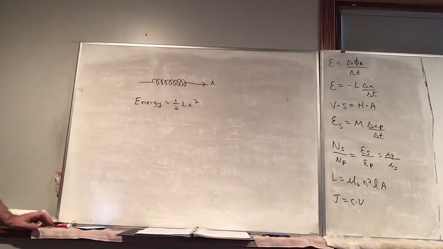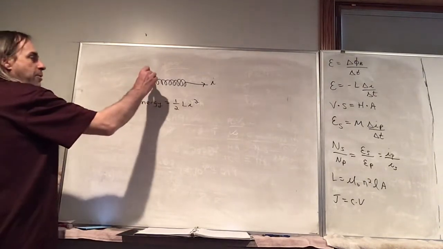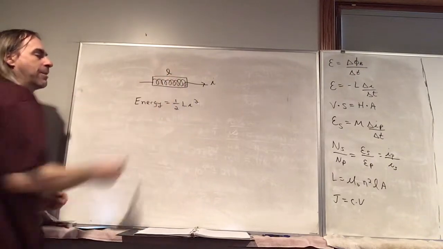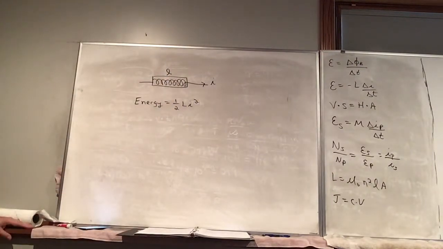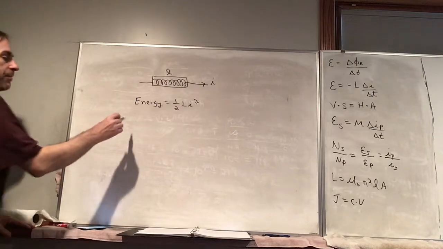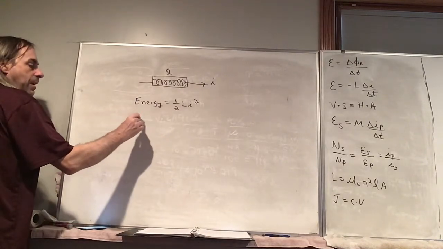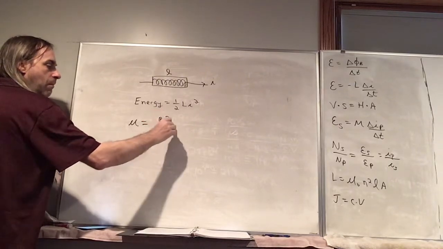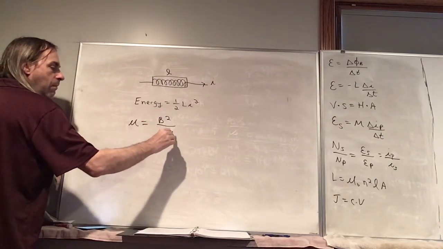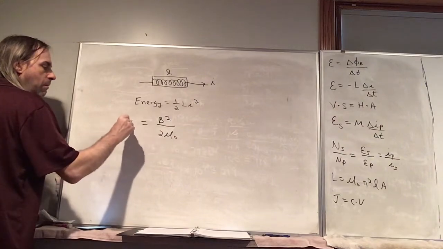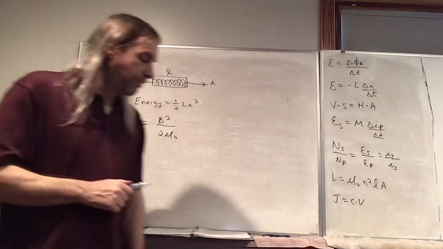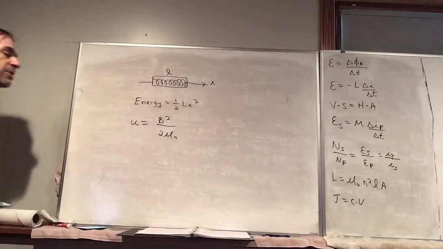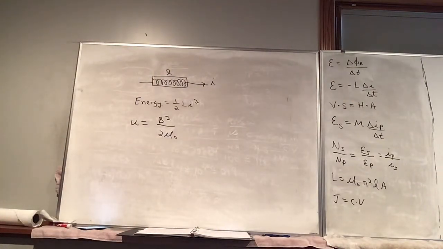And the solenoid occupies a certain volume, which is basically just its length times that cross-section area of the coils. So I worked out the details, but the energy density, so we use the letter U for energy density, is B squared over 2 mu naught.